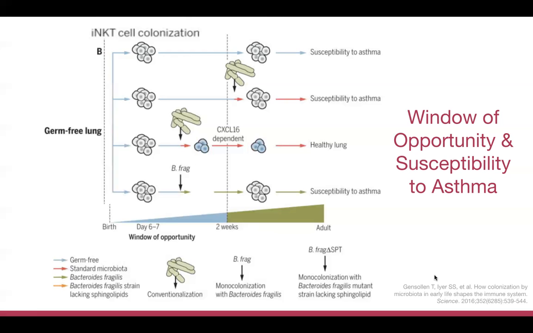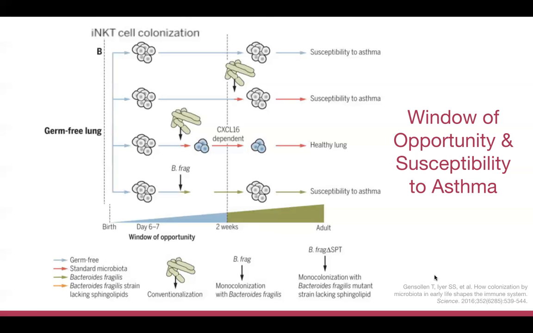So in this picture, on line 1, this is showing a cohort of germ-free mice with iNKT colonization in the lungs who are not exposed to any intervention, and these animals went on to develop susceptibility to asthma. In line 2, there's a cohort of germ-free mice who have been exposed to conventionalization. This is the little cluster of green microbes that you can see on screen in line 2.